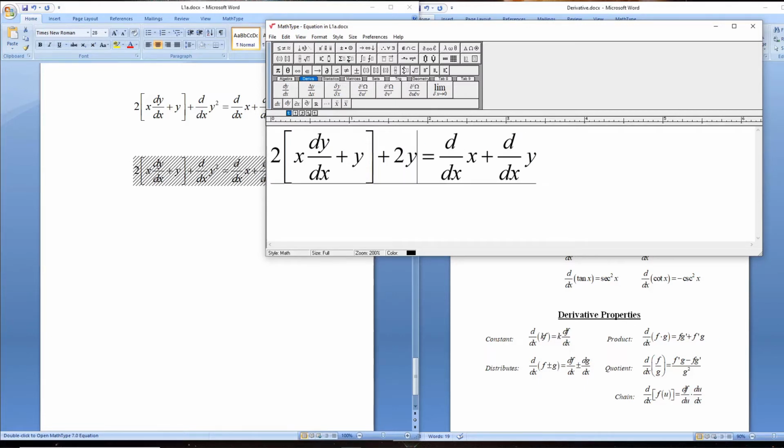And then the chain rule says multiply by the derivative of the argument. And then that's dy dx. Remember here, y is the argument. And so dy dx is the derivative of the argument. And that completes that derivative.